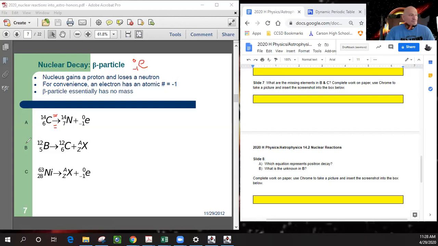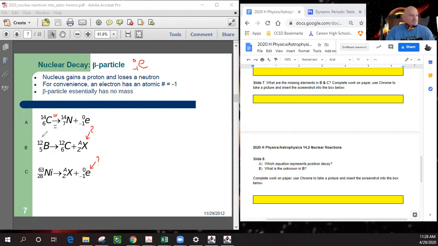All right, so for B and C here, I want you guys to tell me, what is this element? Okay, what is this element based on a beta decay? And we'll go here again. What is this element here based on beta decay? Okay, what is this? And if I look here, I'll let you guys go ahead and do that. So just make sure we're careful here of what this needs to be.